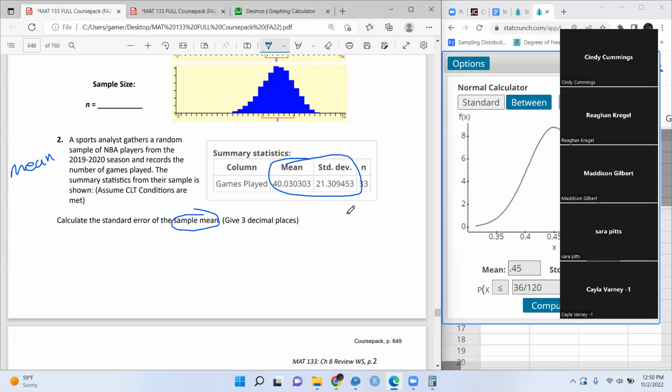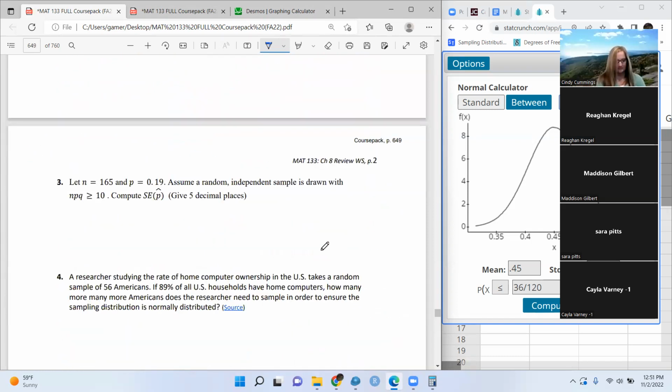Not necessarily, because we could have a mean here of sample proportions, and we could have a standard deviation. So this could be a mu p hat and a sigma p hat. But typically when we give you this, it's a mean that you're working with. That's the sample statistic.